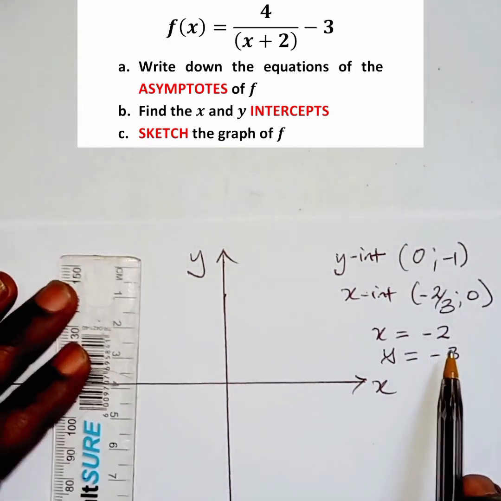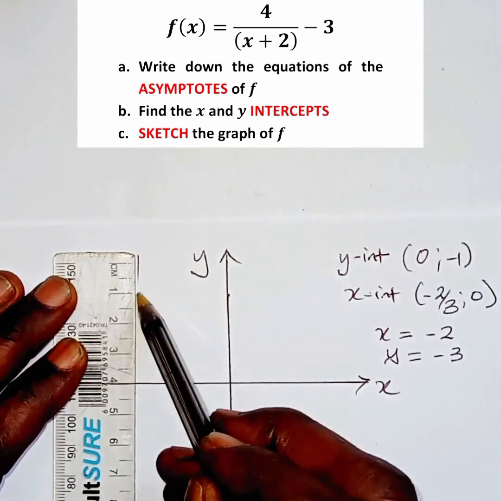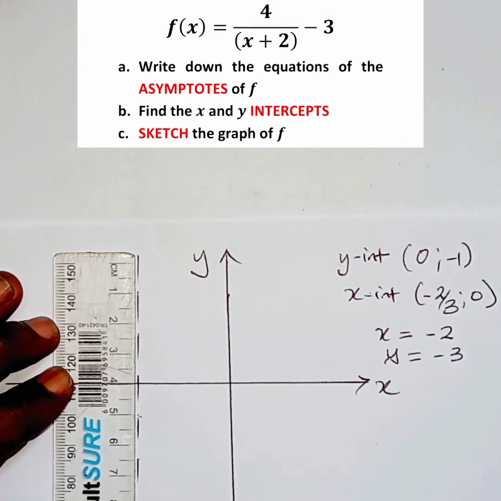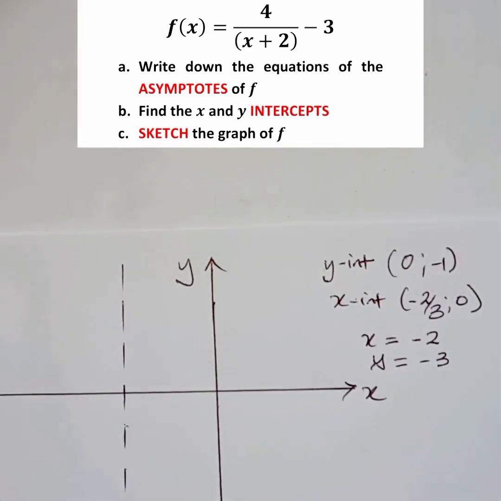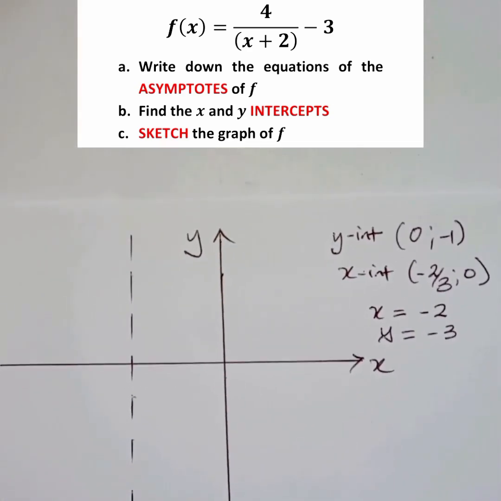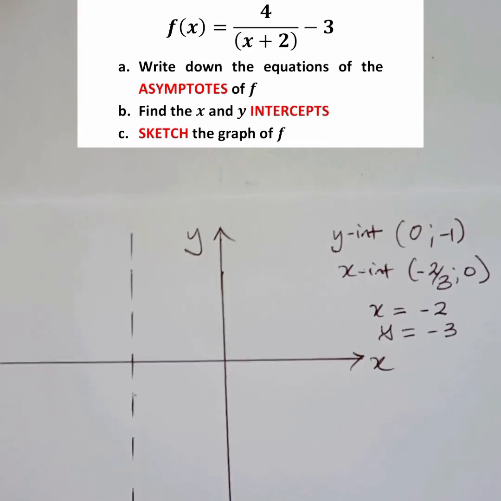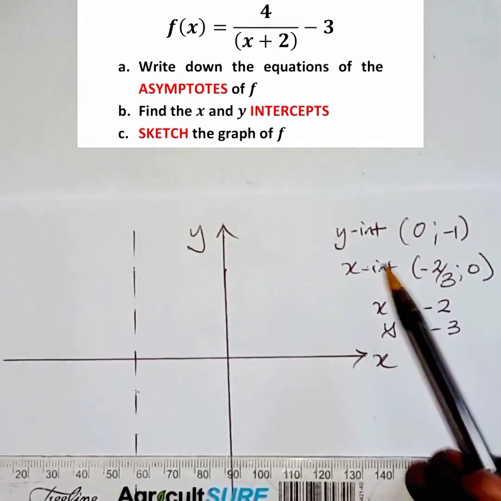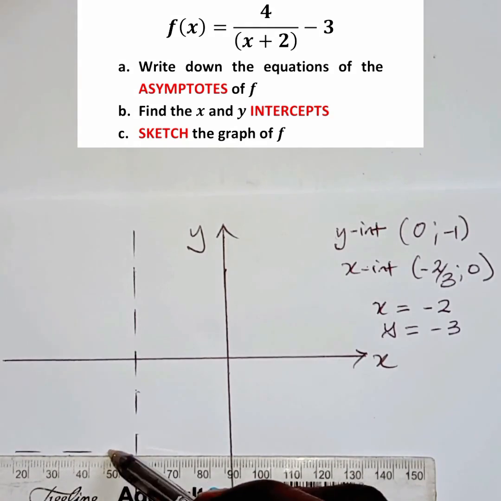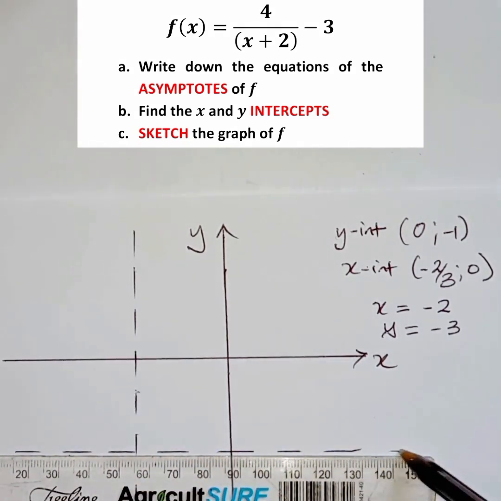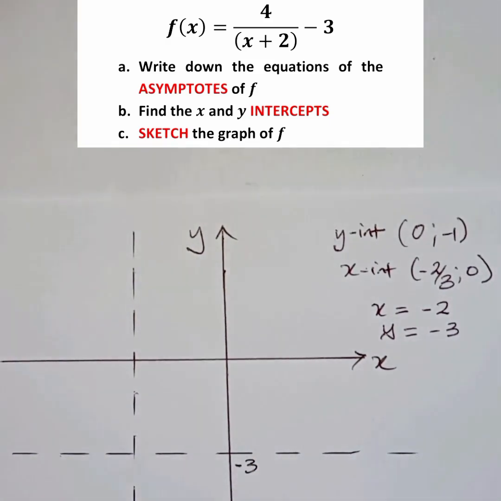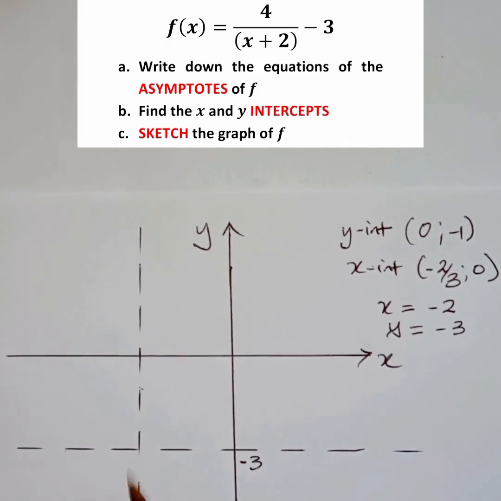So we're going to have our asymptote going down that way. And then we are going to have the horizontal asymptote, and that is y = -3. So it's somewhere around this side. So we have our horizontal asymptote at -3, and our vertical asymptote at -2.